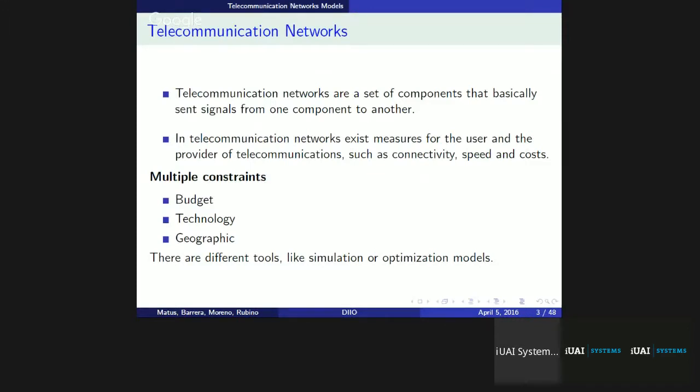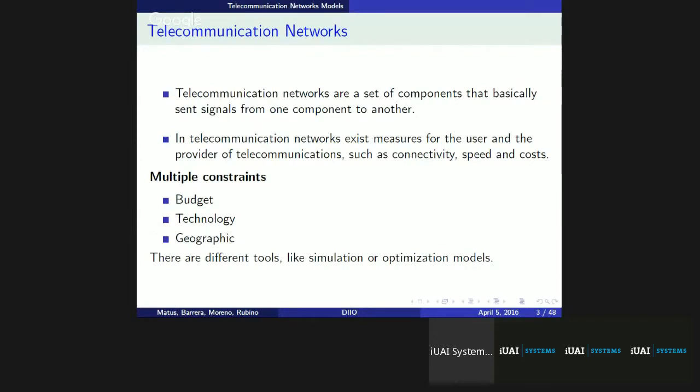First, we can understand a telecommunication network as a set of components that basically send information from one component to another. That is a very simple explanation, but it's good. In telecommunication networks, we have different measures for different users. For example, clients are always measuring the speed, while providers see the cost, the connectivity and others.